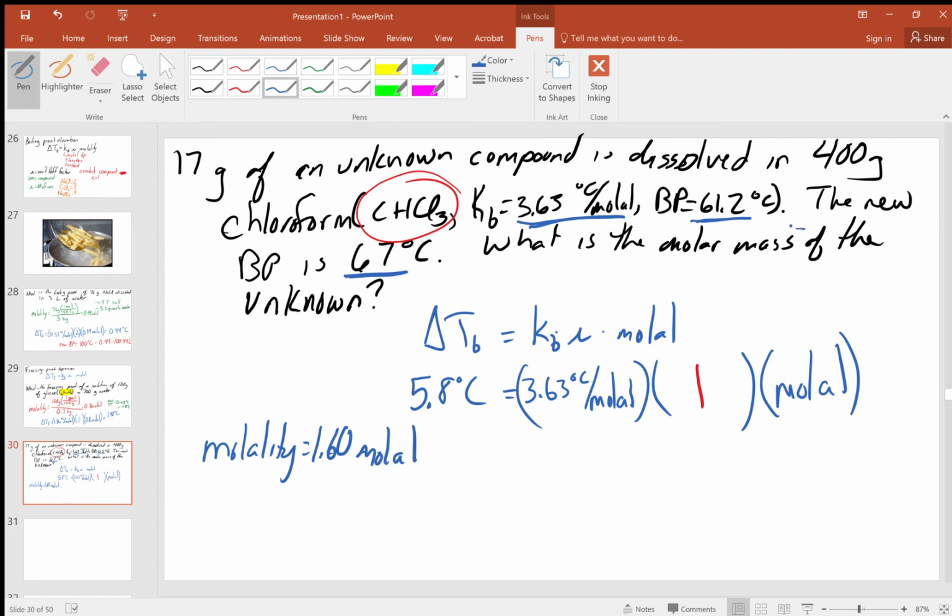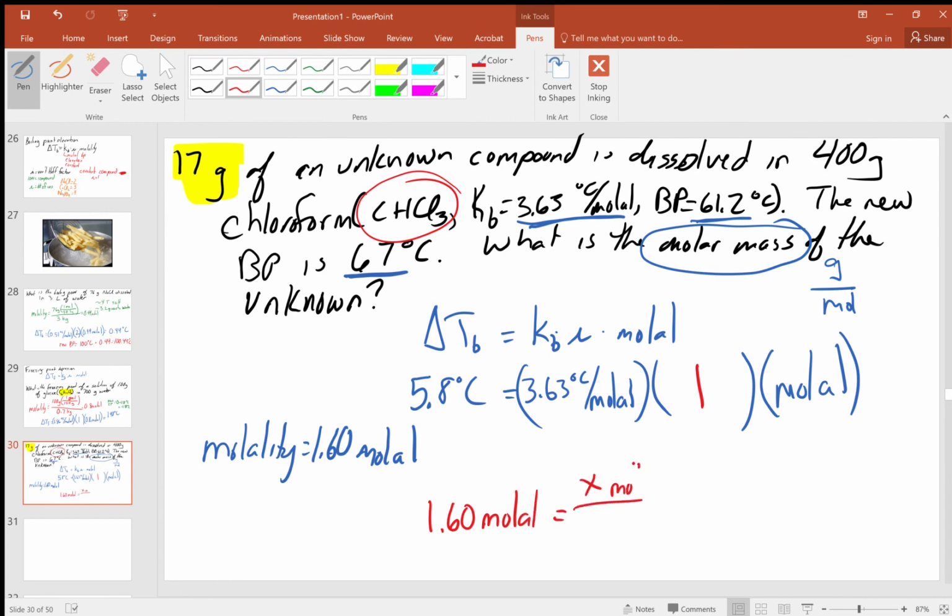Now remember, what we're trying to find is the molar mass, and the molar mass is grams over moles. We already know the number of grams of the substance. We just need to find moles. And now that we found molality, we know that molality is equal to the number of moles over the kilograms of the solvent. Well, we have 400 grams of chloroform.